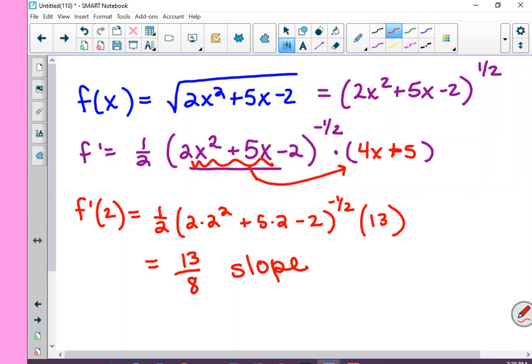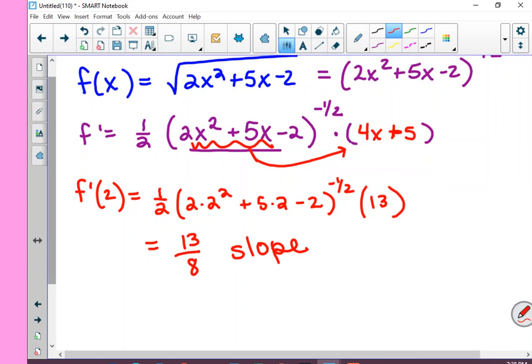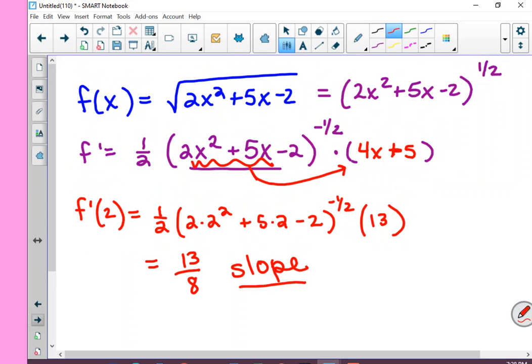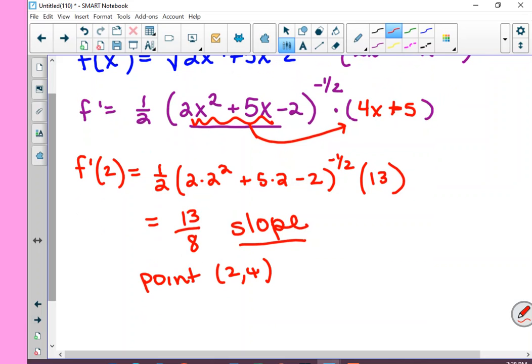So that is my slope. So I grab my point, (2, 4), and my slope. And therefore my line is y minus 4 equals 13/8 times x minus 2.